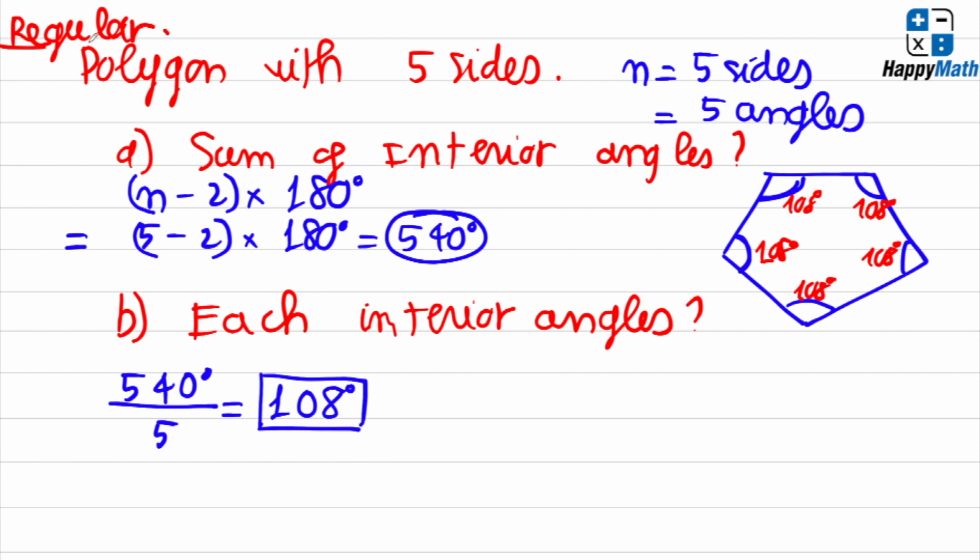When you have a regular polygon, all sides of this polygon will be equal, and then all angles will be equal. So remember for this question, 5 sides means 5 angles. You find the sum and then you divide by the total number of angles, and you will have each interior angle.